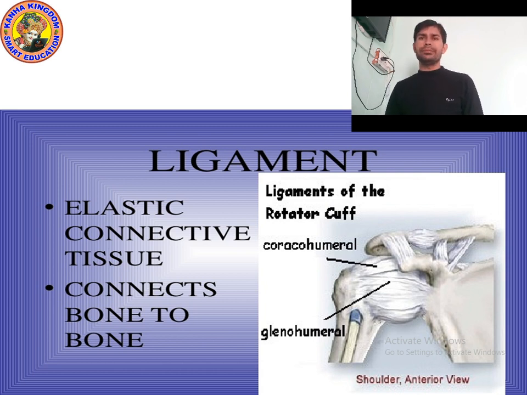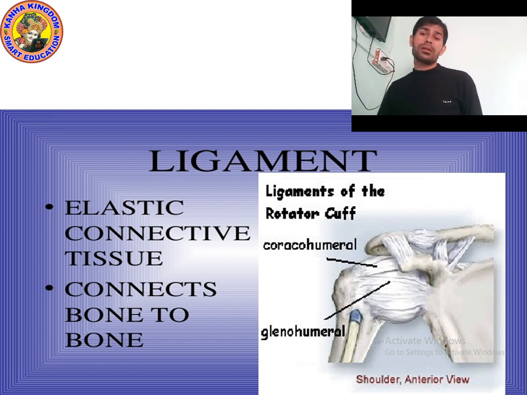As you can see in the picture of the shoulder, the bones are connected to each other. The reason behind it is ligament. Without ligament it's not possible to connect them, so it's very important.